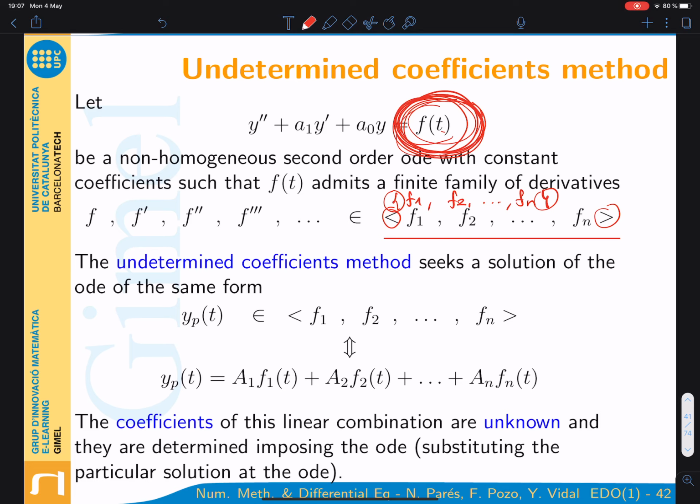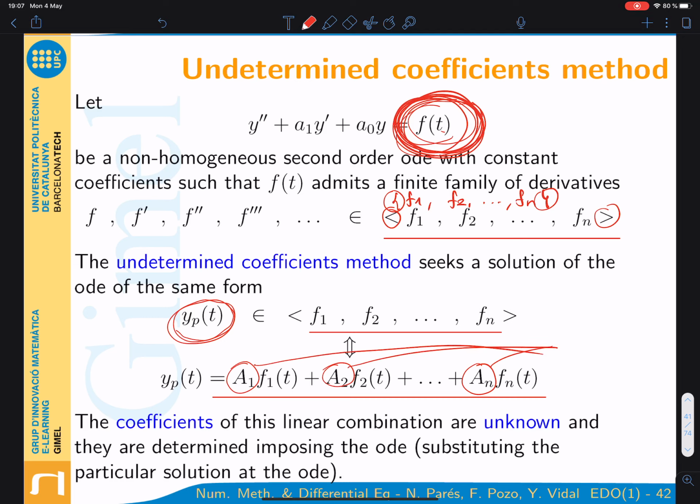And what's the meaning of pretty similar? Well, it tries to find a particular solution that can be written as a linear combination of the elements in the basis of f of t. And these coefficients of this linear combination are right now undetermined. You don't know the value of them.